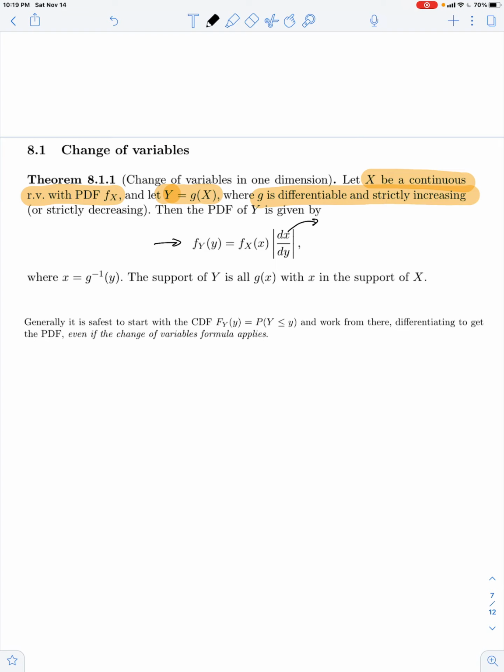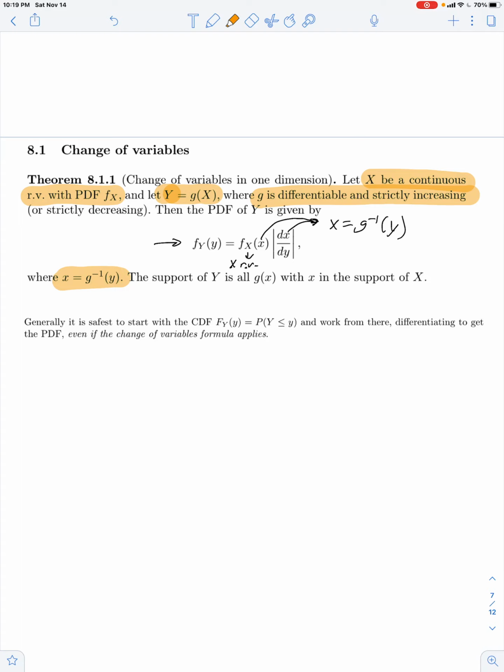Note that this little x here is actually equal to g inverse of y, and it's the same little x here. This big X is the random variable, but the other two x's here are this guy right here, where little x is equal to g inverse of y.